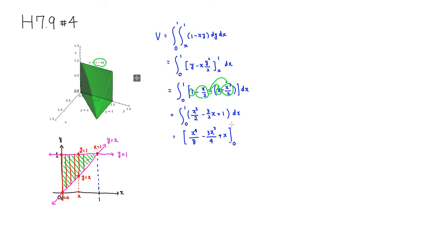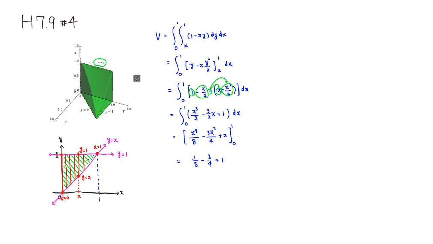Then going from 0 to 1. By plugging in 1, you're going to get 1 over 8 minus 3 over 4 plus 1. If you plug in x equals 0, it's all 0, so I'm not going to write that.